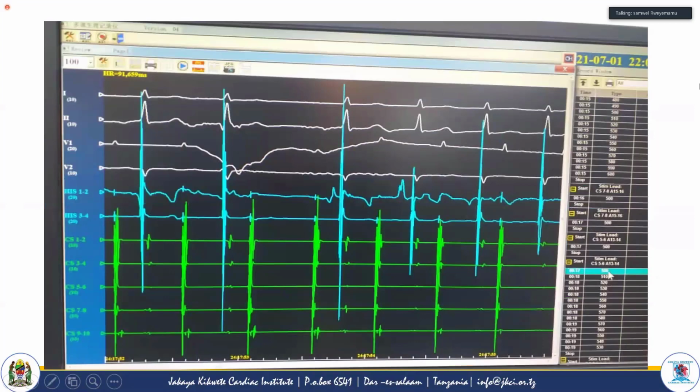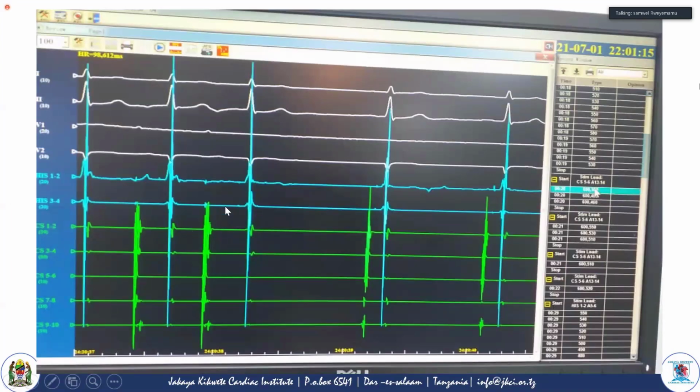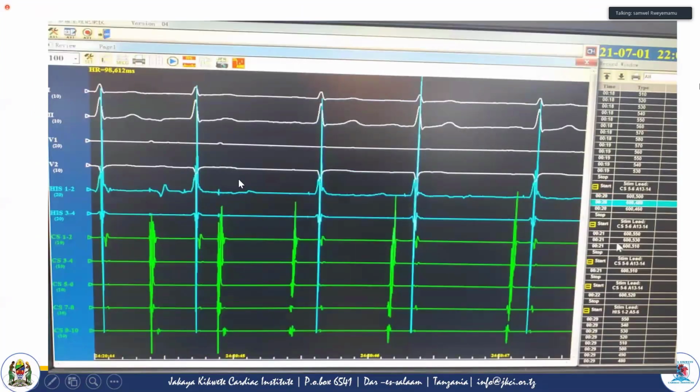As you go on, you find that this atrial signal is followed by a V signal, but as you keep pacing, you find this atrial signal is not followed by a ventricular signal. The loss of the ventricular signal here is what we call antegrade Wenckebach, because we are pacing the atrium, but there is no capture in the ventricle. This is called antegrade because we are pacing from above to down.